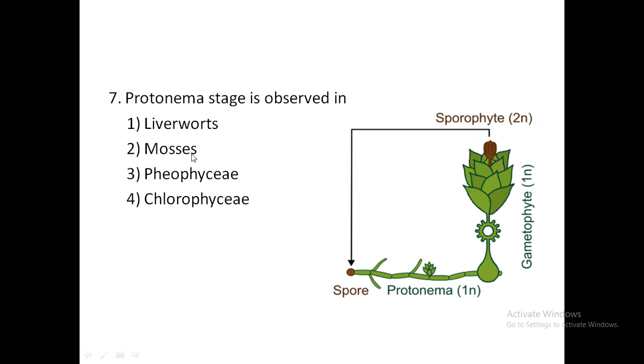Here, spore directly produces protonema. Spore first develops into the protonema stage, and from the protonema stage, a leafy stage develops. This is the leafy stage derived from the protonema.